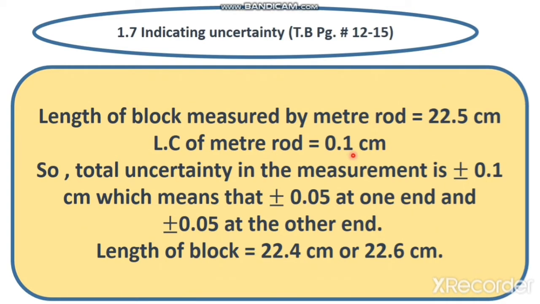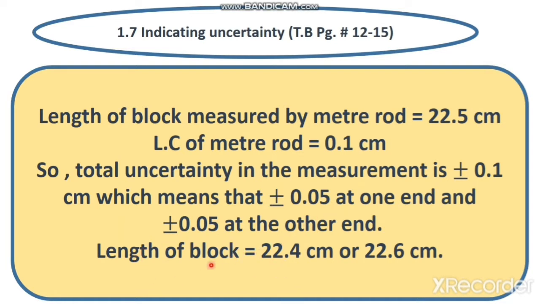So total uncertainty is considered to be plus minus 0.1 centimeter, which means plus minus 0.05 at one end and plus minus 0.05 at the other end, because there are two ends of the meter rod and at each end there will be uncertainty, and it will be half of the total uncertainty, and half of 0.1 is 0.05.